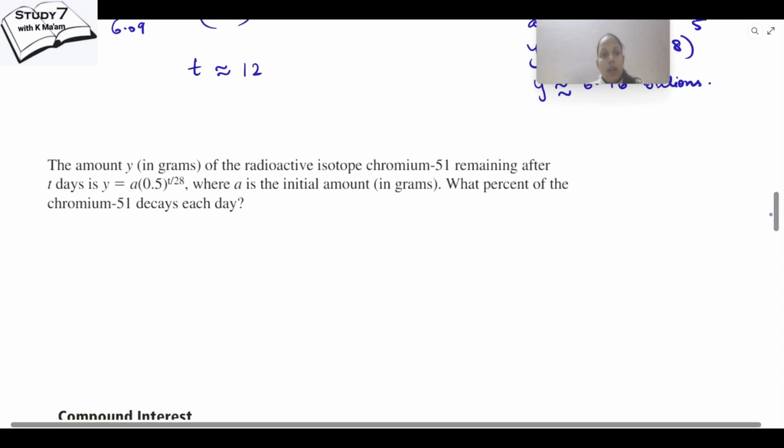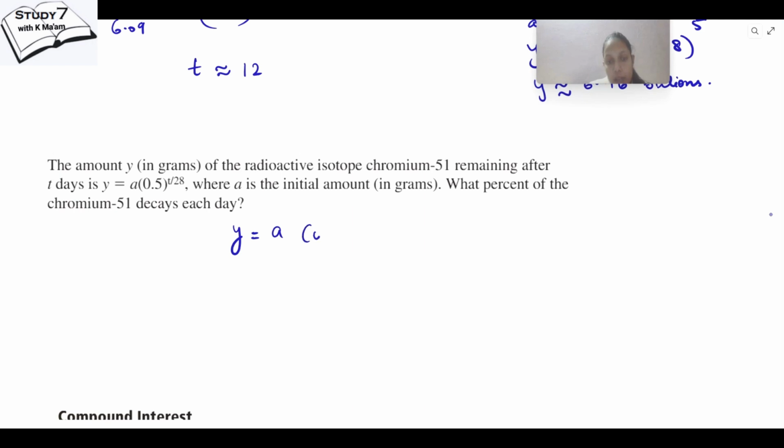Now we have the amount Y in grams of radioactive isotope chromium 51 remaining after t days is this. So this is the model that will tell you the remaining amount of the radioactive isotope after t, where t is time. What percentage decays every day? So we have to find the rate of decay. Given is Y equals A times 0.5 to the power t by 28.